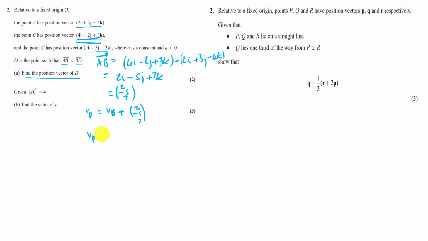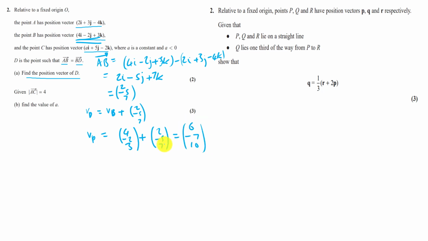So that's going to equal 4, minus 2 and 3 plus 2, minus 5 and 7. So it's going to give us 6, minus 7, 10.